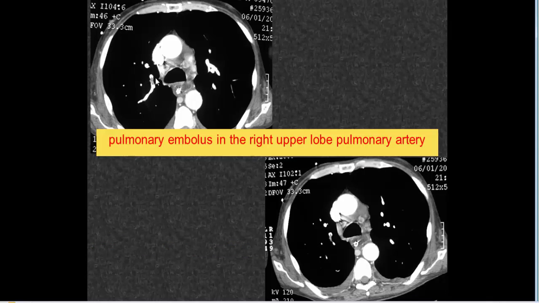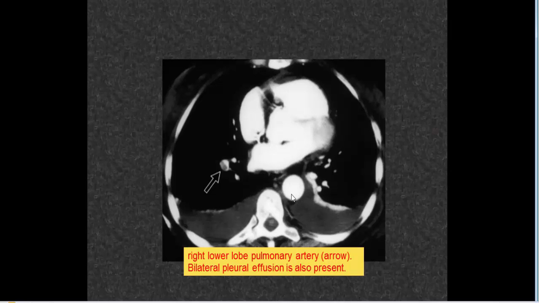We see the cardinal sign: intraluminal filling defect, cut off of contrast enhancement. Right lower lobe pulmonary artery, intraluminal filling defect, as we see. Bilateral pleural effusion present. This is the pulmonary embolism.